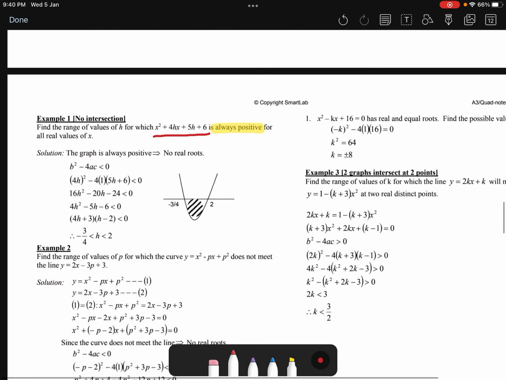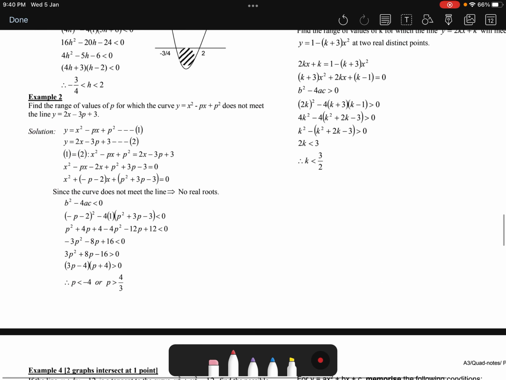Alright, maybe let's take a look at this example 2. Find the range of values of p. Same thing, they want us to form an inequality in terms of p, for which the curve, so now we have graph number 1, the curve y equal to x squared minus px plus p squared, does not meet the line y equal to 2x minus 3p plus 3.